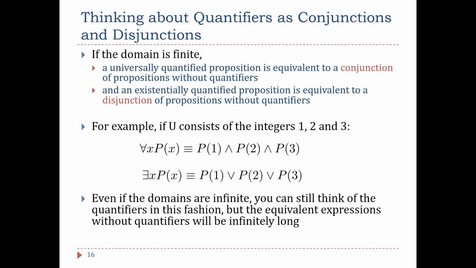We can use a big capital V as a disjunction operator over P of xi for every i, or just use the three dots to say for every element in the list.